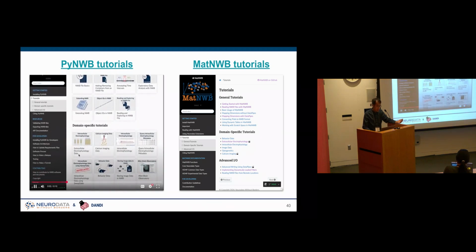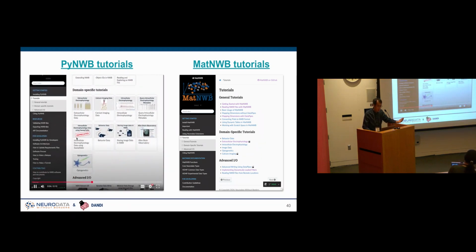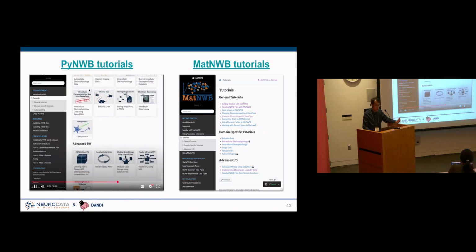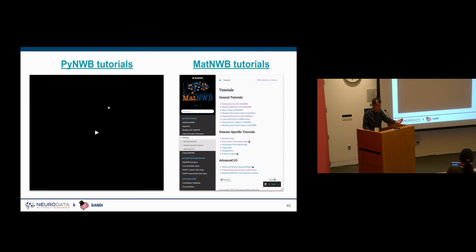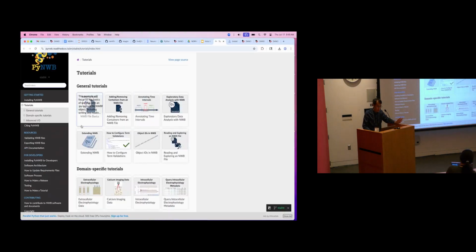So extracellular electrophysiology, how do you write the electrodes table and the electrical series and your units. We have tutorials on optical physiology and intracellular electrophysiology, behavior data, in both PyNWB and MatNWB. And those are just on our docs page here.